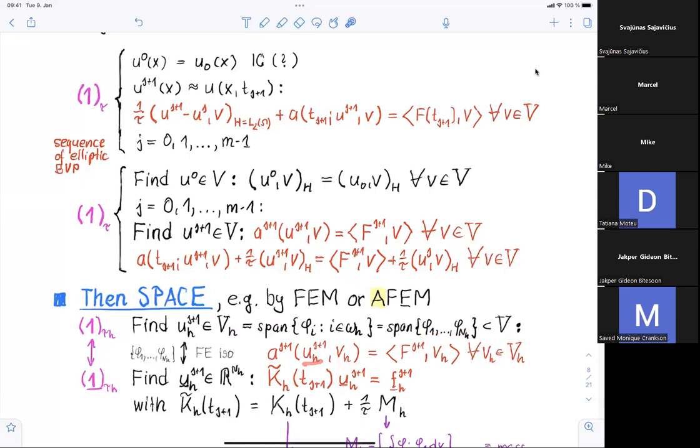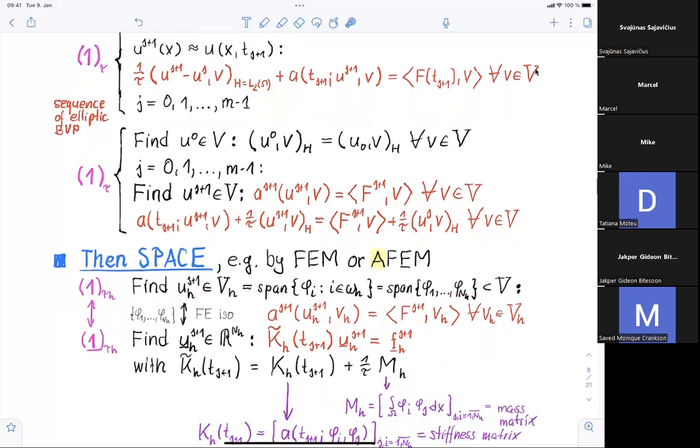This is equivalent to the solution of a linear equation where the matrix is a stiffness matrix plus 1 over tau times a mass matrix. You generate the matrix, you solve the system, then you have the coefficients in this linear combination, and then you have this approximation. So this is the first method.